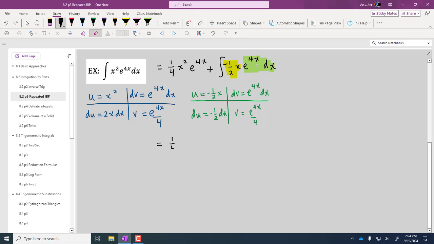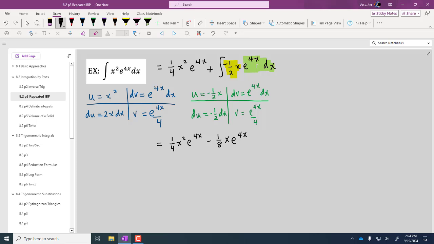So we've got 1/4 x squared e to the 4x plus u times v. Oh, uv is negative. So this will actually be negative 1/8 x e to the 4x. So that's the main diagonal.